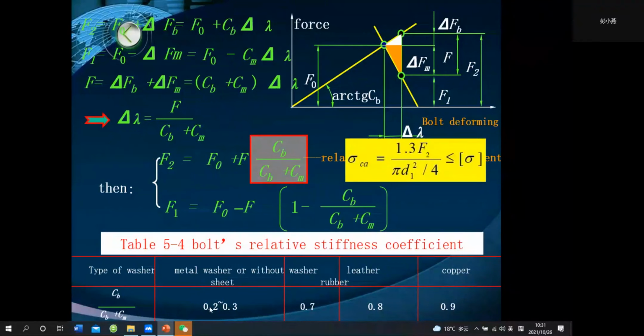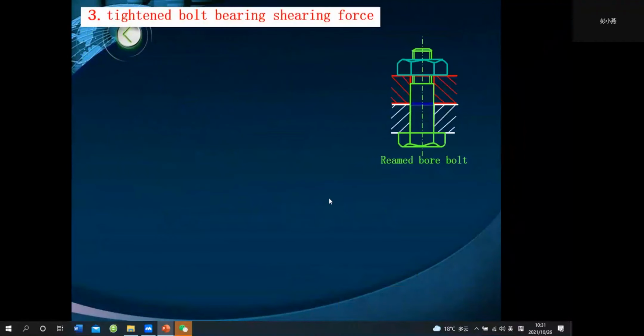It's 0.2 to 0.3, and for rubber it is 0.7, for leather 0.8, copper 0.9. Okay, and then we consider the third situation, the tightened bolt bearing shear force.